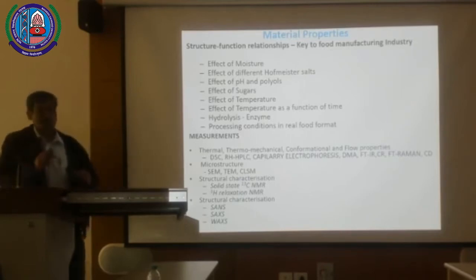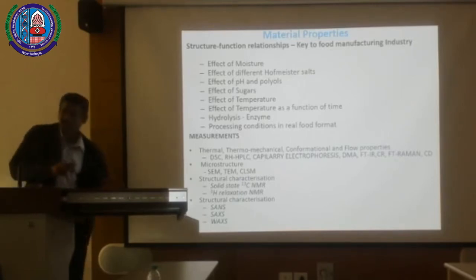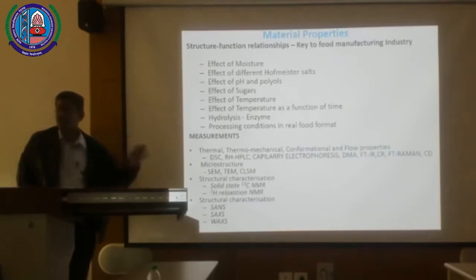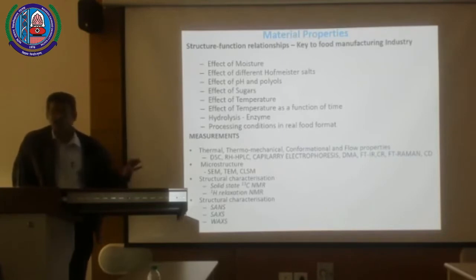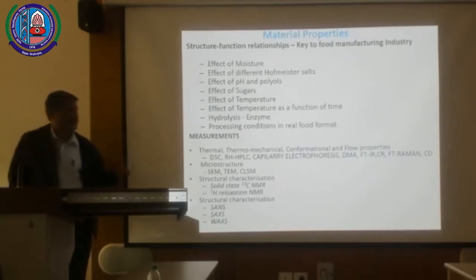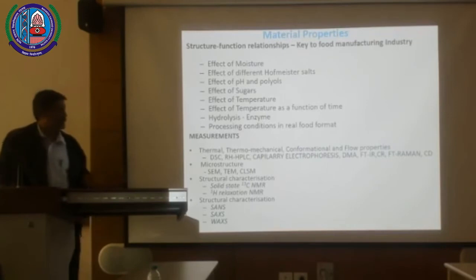So each technique has some advantages and some disadvantages. But we cannot study insoluble protein aggregation and other products in CD. It has not been applied that way, but recently people are trying to integrate some technology. So these are complementary sides of technology that we are using.